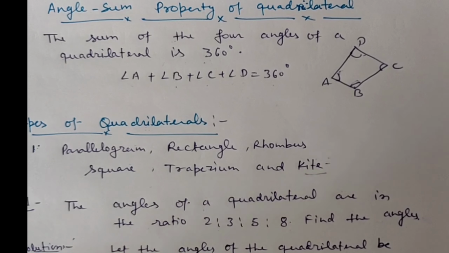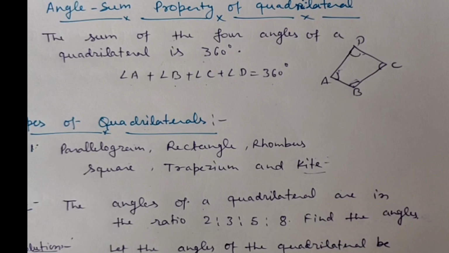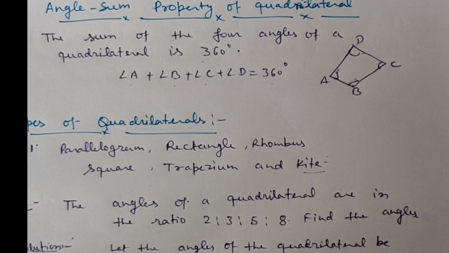You have already learned in ratio, using a constant quantity, using a variable x. So let the angles of the quadrilateral be 2x, 3x, 5x and 8x. You can change this ratio into an expression using a variable.